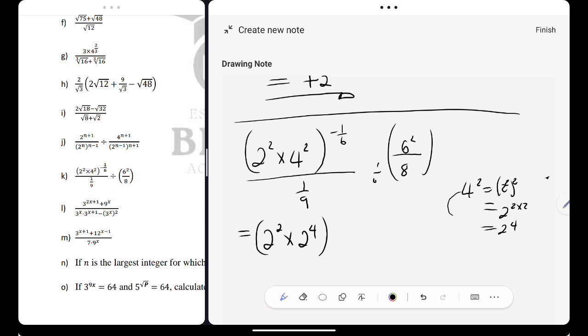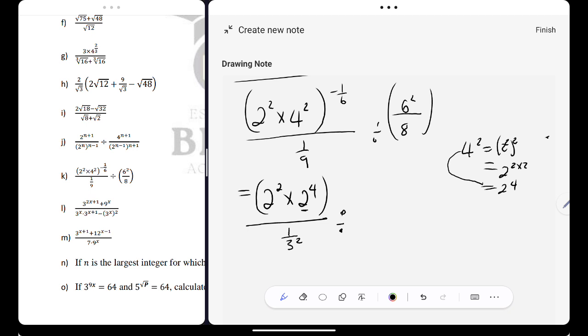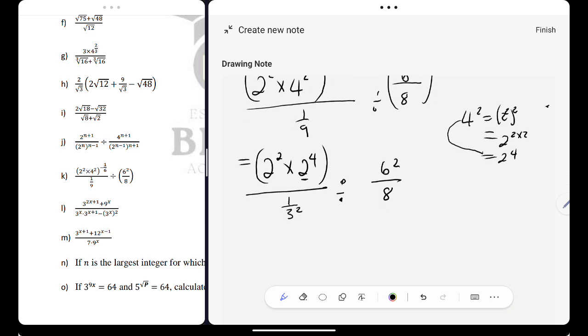So I just move from here to there, and then I've written it there. All right, together. This thing is divided by 1 over 3 squared, all divided by 6 squared over 8.